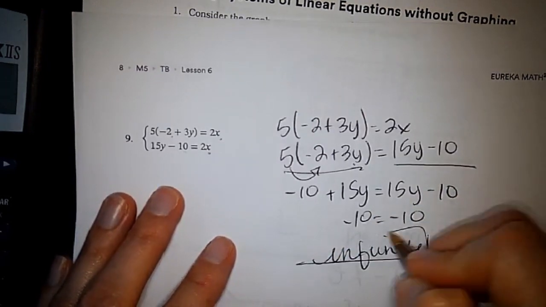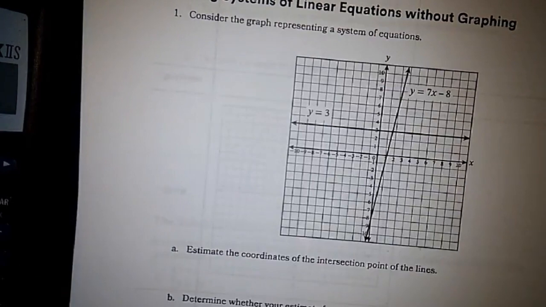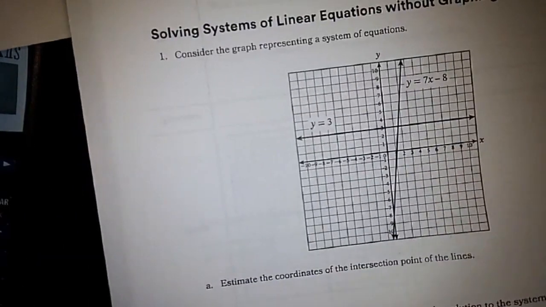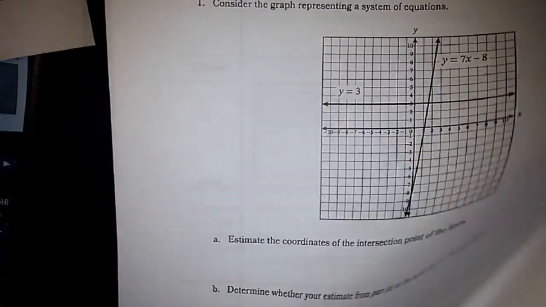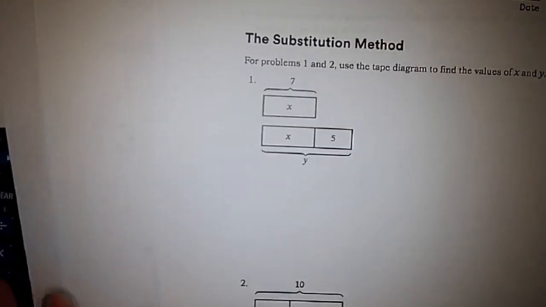Okay, go ahead and turn to page 85. Turn to page 85. Now we're going to use a visual because sometimes we need a visual. Yes? I didn't get number 6.